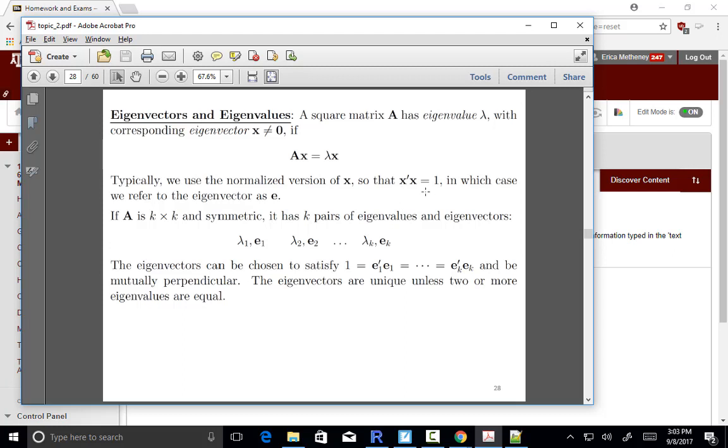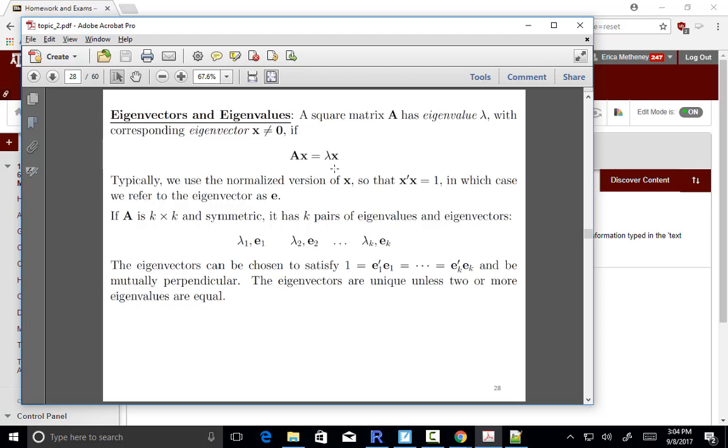In R, and at least most software packages, you can get eigenvalue, eigenvector pairs. If you provide the square matrix, you just call the right function and it gives them back to you. So in R, I'll show you how to get the Eigen Decomposition of a matrix, and it gives you back a vector of lambdas and a matrix of eigenvectors.